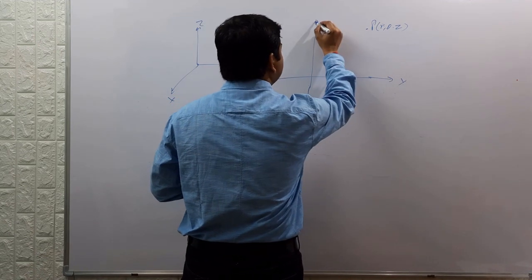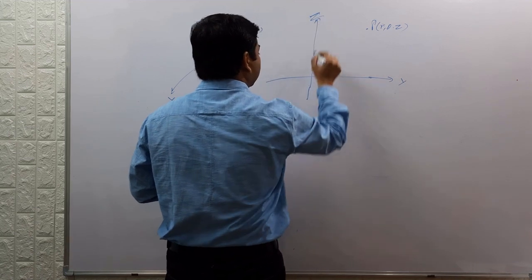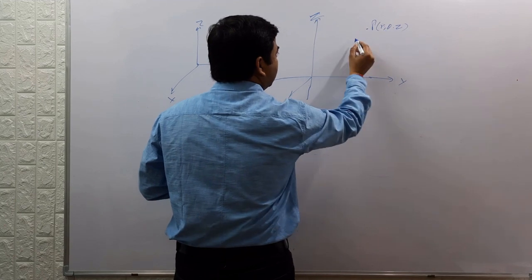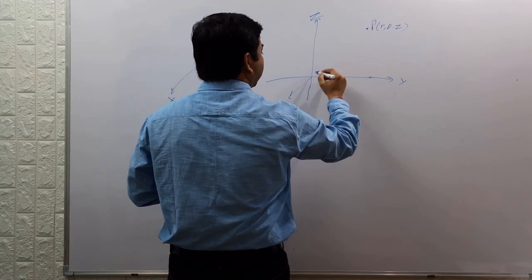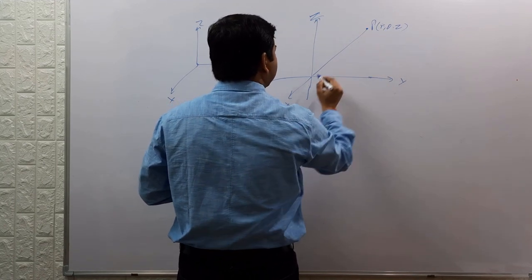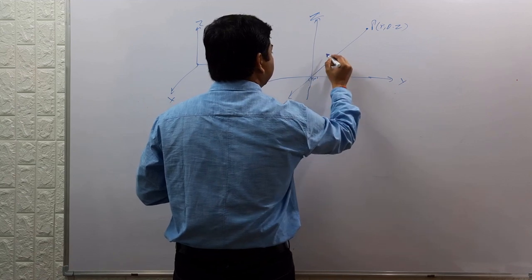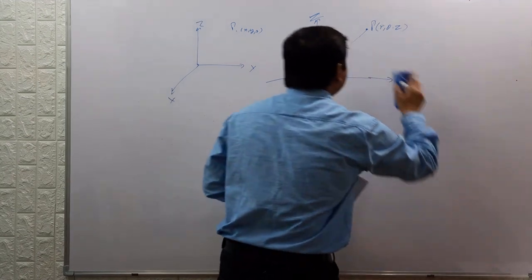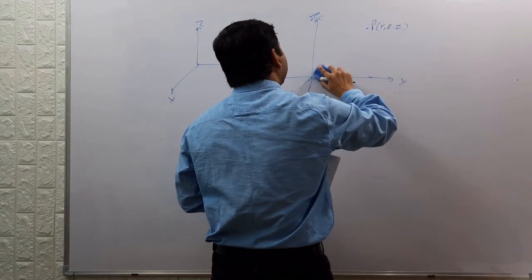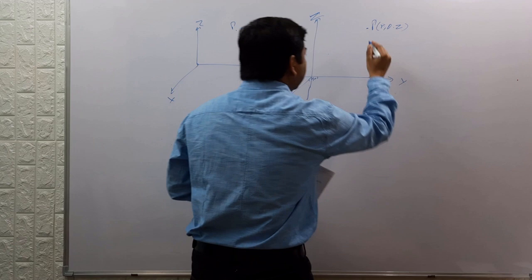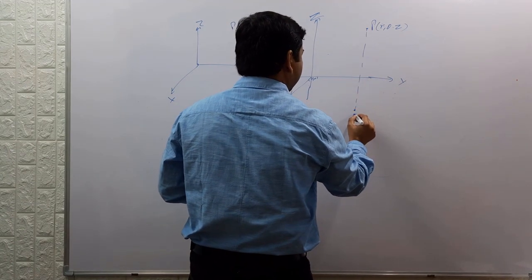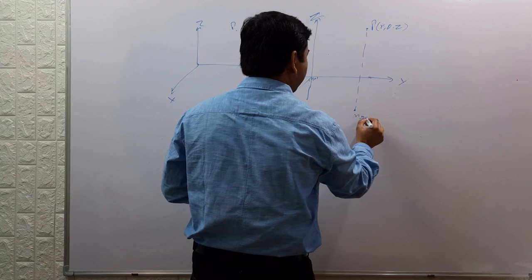This is the y axis, this is the z axis, and this is the x axis. r, theta, z, so same point. What is r? r is the distance between the origin and P. Sorry, it is not the distance between the origin and P. See here, this is x and y.